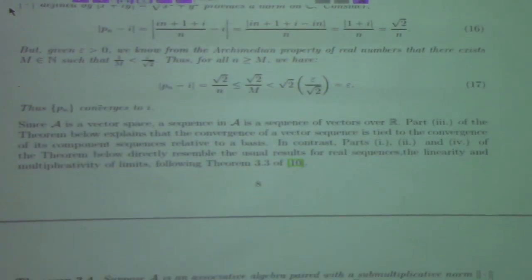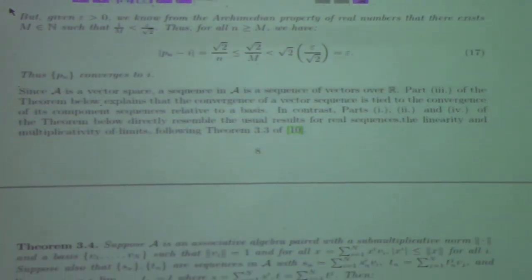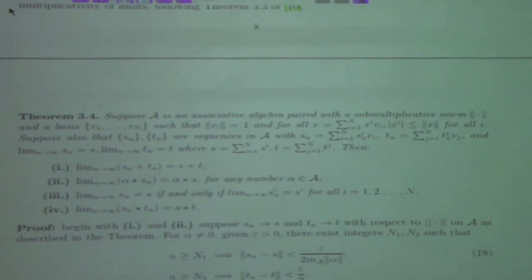Exciting. So here's the first theorem. And the results for the theorems are completely unsurprising. The only thing that's really novel in this part of the paper is the proofs.